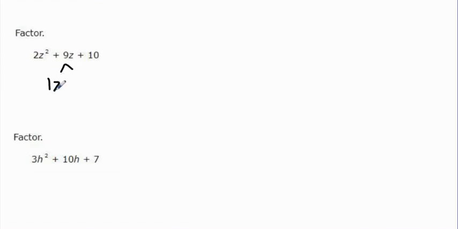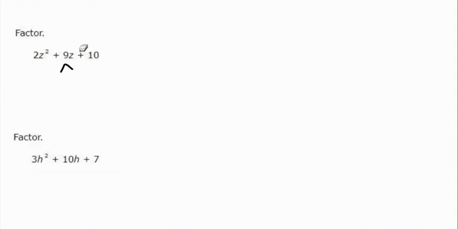But now if I look at 2z squared and 1z, the only factor they share is z. And if I look at 8z and 10, the only factor these terms share is 2. So it's not very compatible.